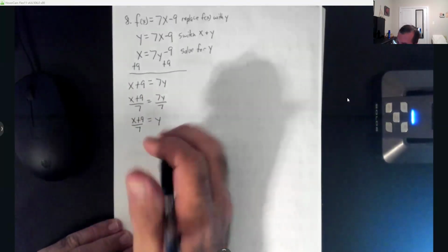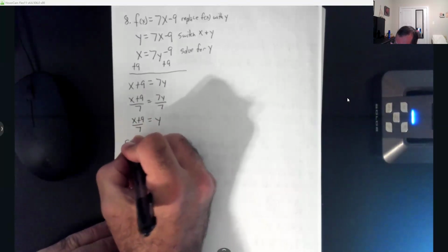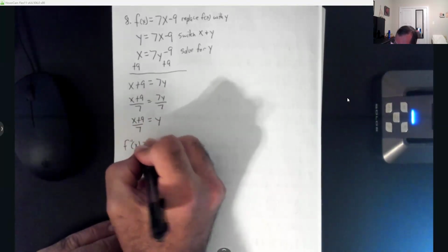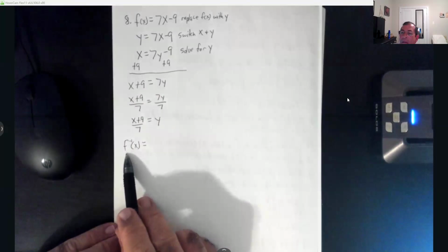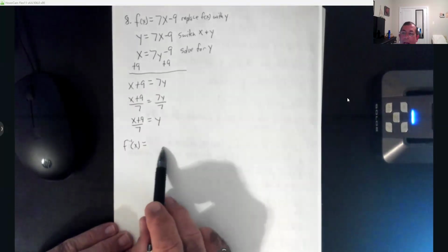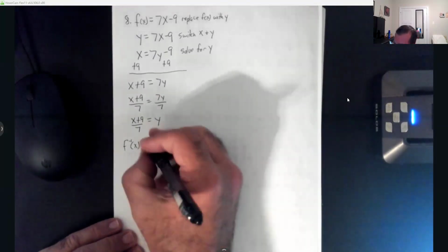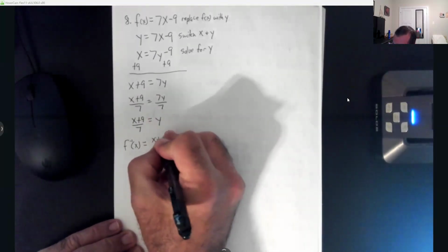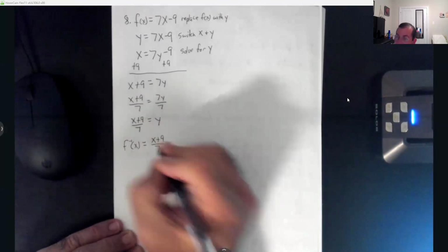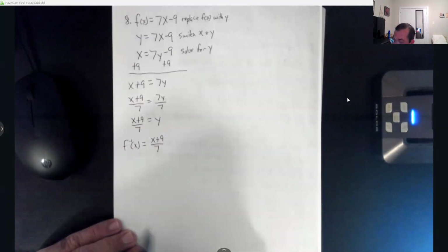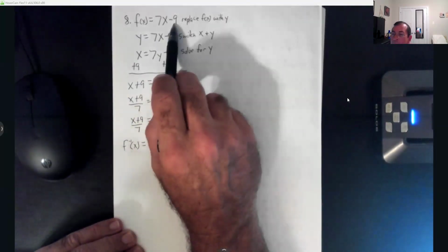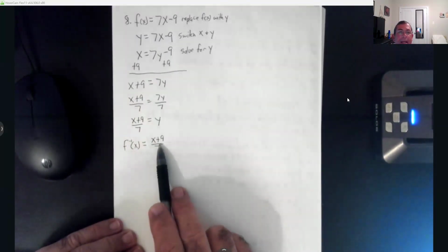Last step, replace the y with your f inverse notation. Now, y'all, MyMathLab will give you the f negative 1 of x. All you got to do is put in the answer, and that'll be x plus 9 over 7. But look at all the counter moves. They were subtracting 9, we added 9.